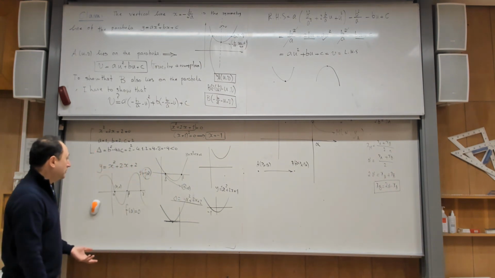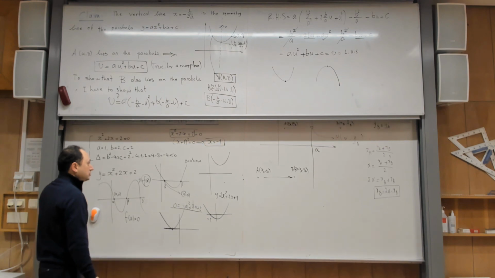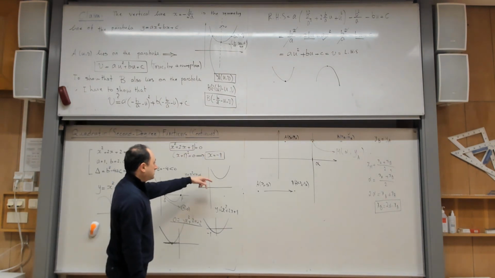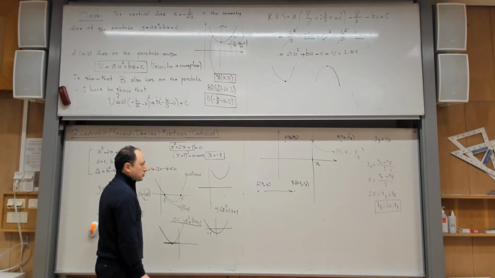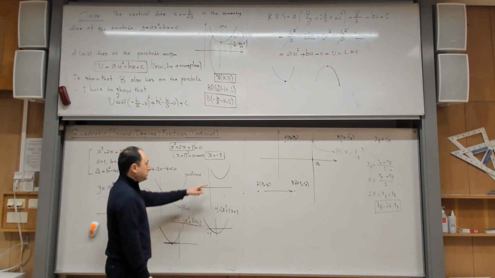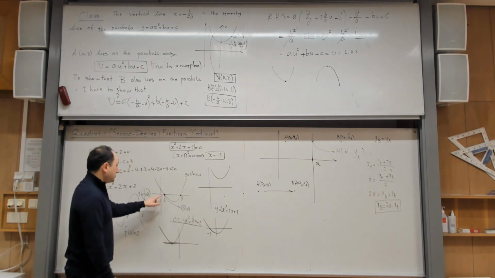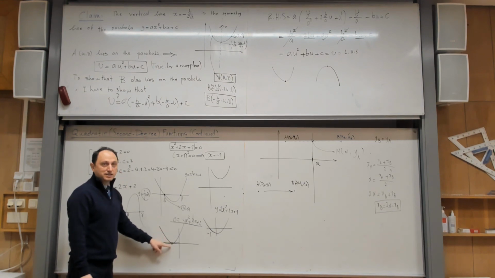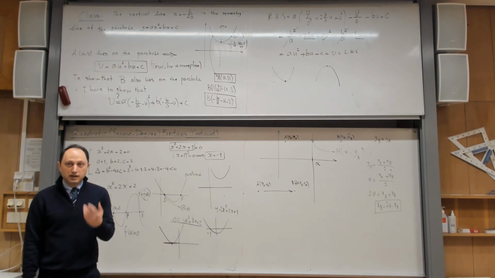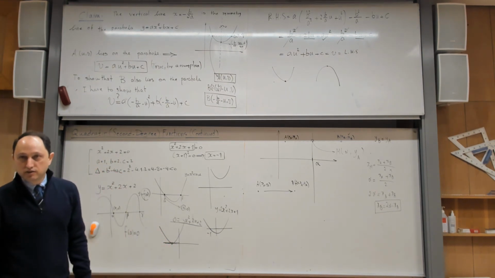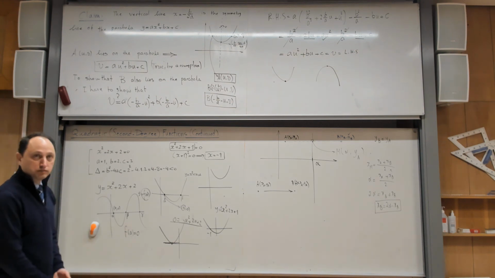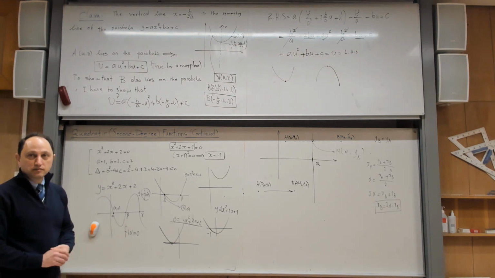So in principle, there are 3 possible scenarios going on. Either your parabola does not intersect the x-axis, or it intersects it at 2 points, or it just intersects the x-axis at 1 point. Geometrically, can you imagine other scenarios? No. Yes?